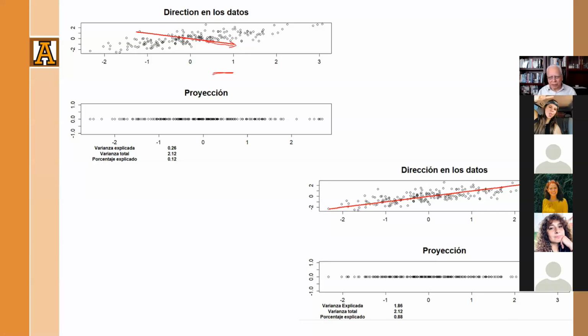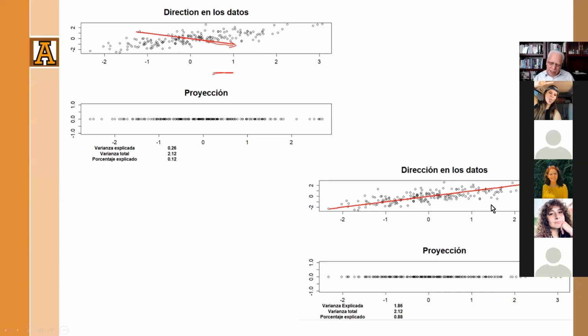That's an arbitrary vector. The vector we're looking for, that corresponds to the first eigenvector, is the one that's going to take the direction that maximizes the variance in the data. And if you look at this graph, here we're not capturing that much of the variance, right?